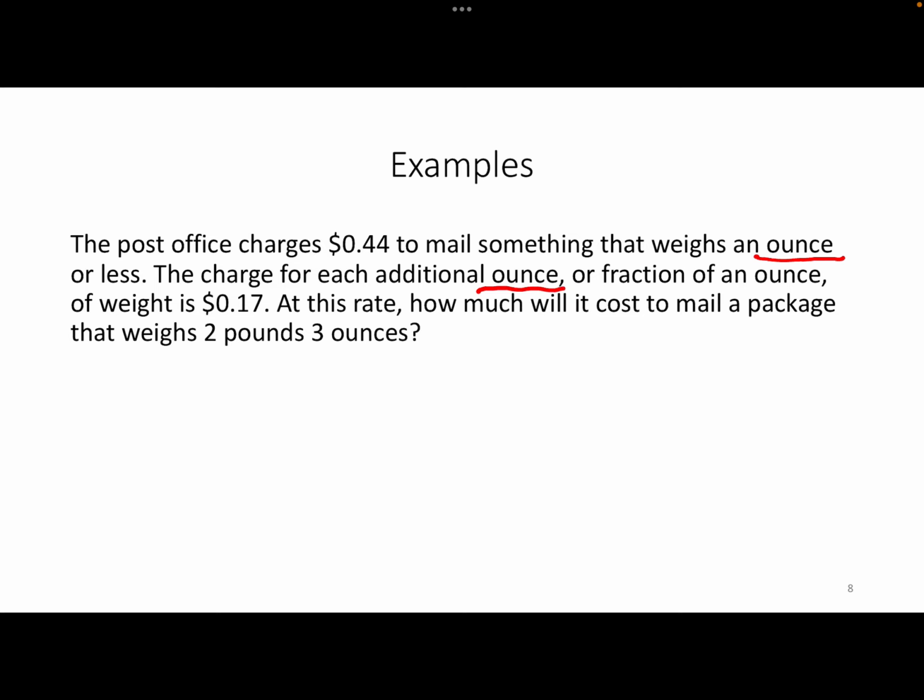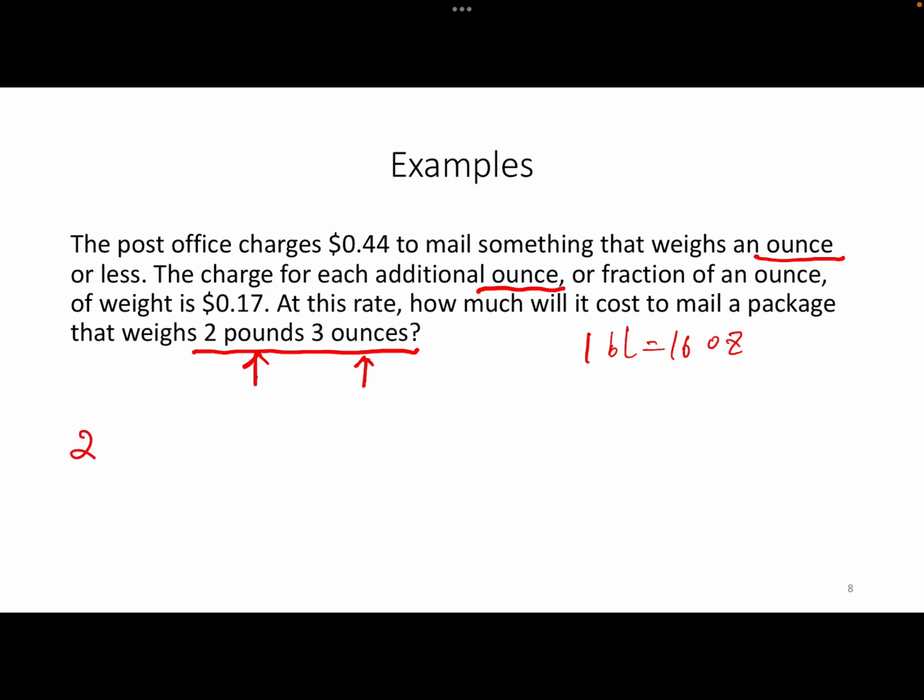At this rate, how much will it cost to mail a package that weighs 2 pounds 3 ounces? So we also see two different units here, right? One is the pounds, one is the ounces. And then what is the conversion factor here? 1 pound equals 16 ounces.